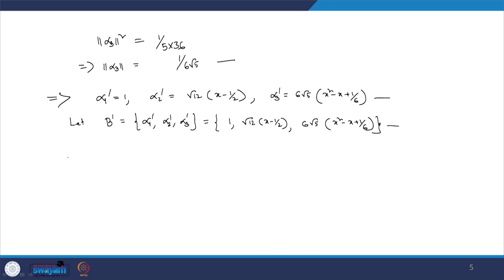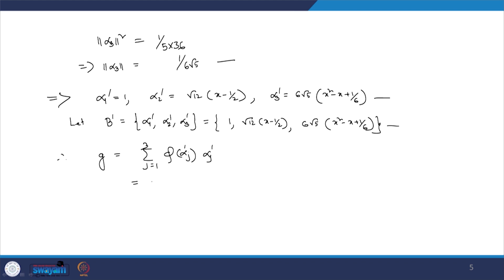So, then according to that last result, your g will be the unique fixed vector in V. g will be what? g will be equal to the summation of the linear functional at alpha j prime, j equal to 1, 2, 3, times alpha j prime.